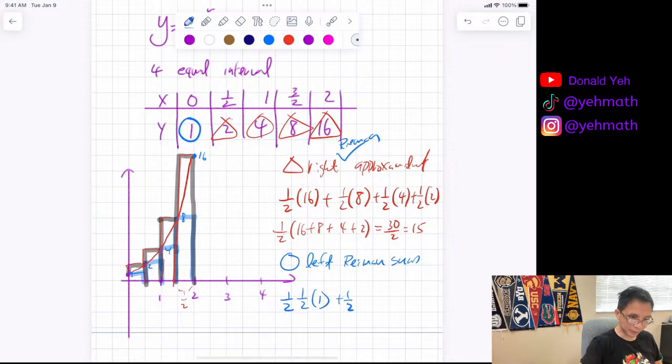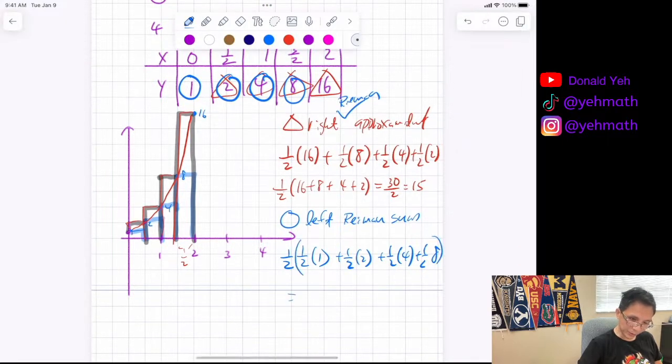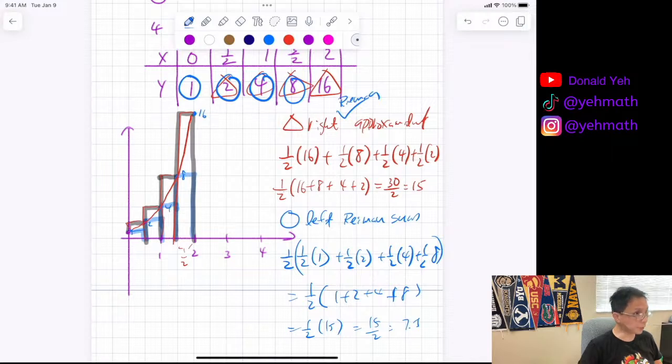Plus 1/2, 2, plus 1/2, 4, plus 1/2, 8. So it's going to be 1/2 times 1 plus 2 plus 4 plus 8, which is 1/2 times 15, so it's 15 over 2. So 15 over 2 is 7.5. It's very under approximation. The other one's way over, this one's way underneath.